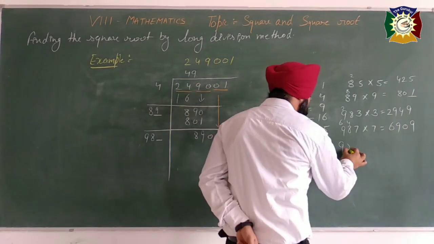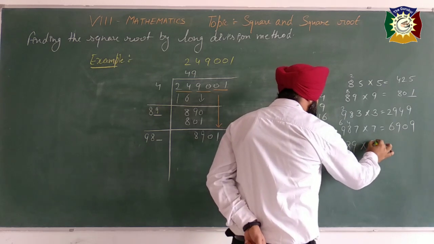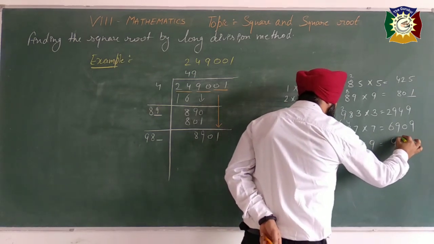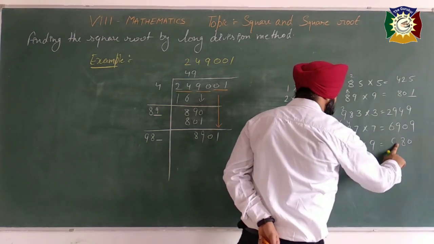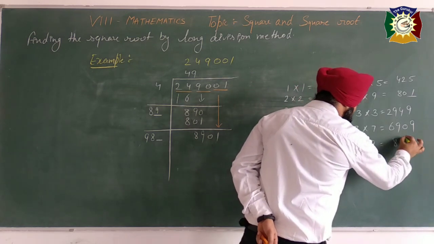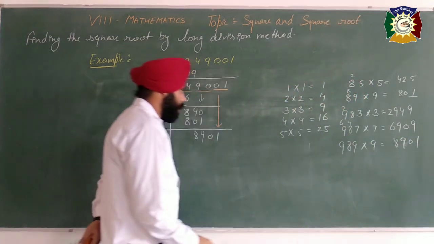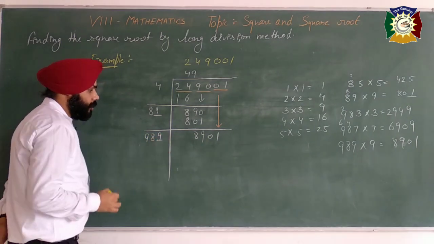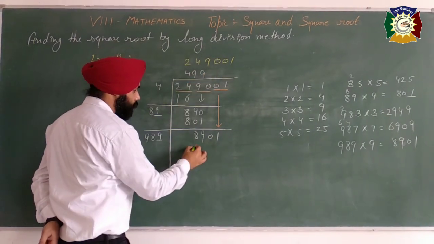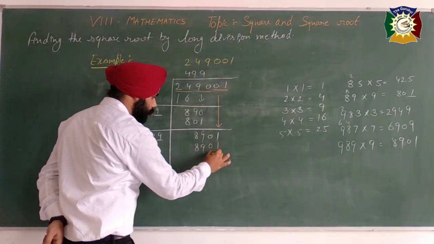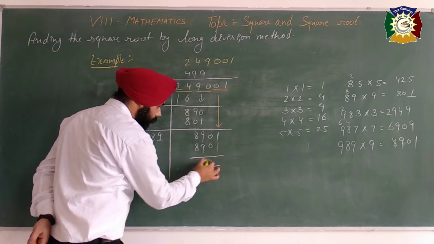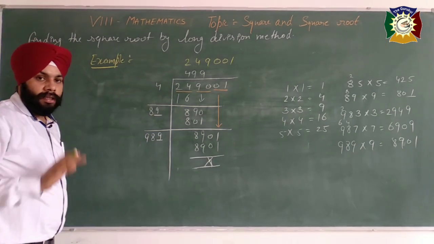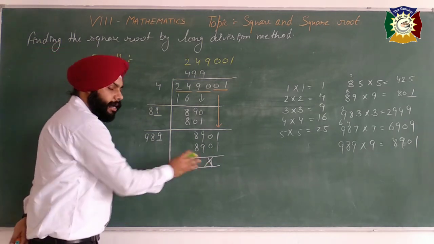Now 989 multiply with 9. When we multiply it, you will get 8901 here. So write it down here on this place and 9 here. So our process stops here because we get 0 here.